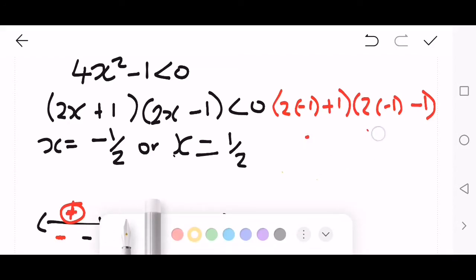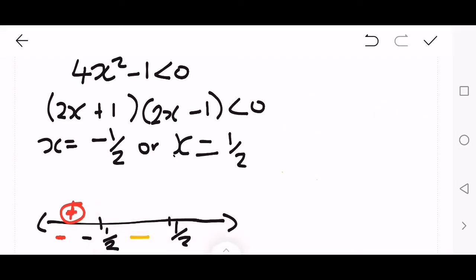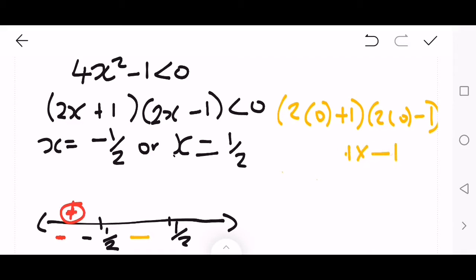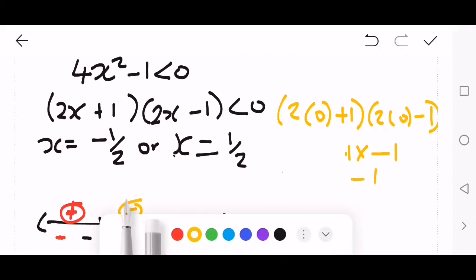So taking a 0, 2 into 0 plus 1, 2 into 0 minus 1. So 2 times 0, 0, we have 1 times minus 1. So that's minus 1. So we have a negative over here.